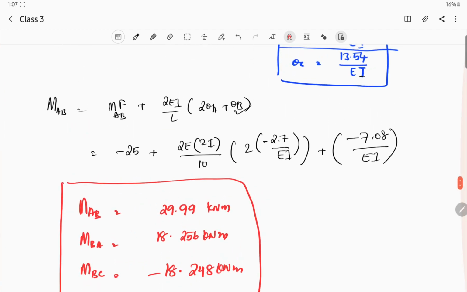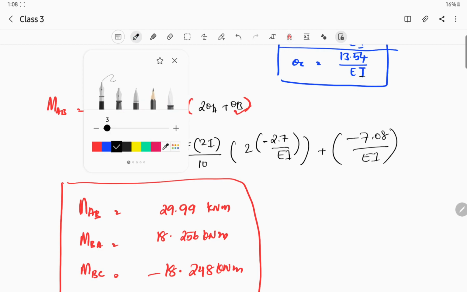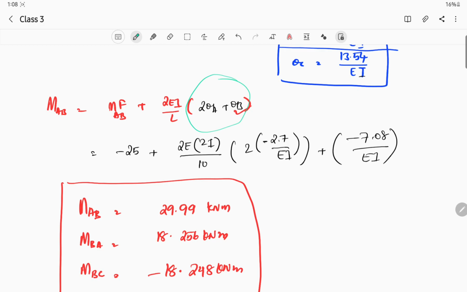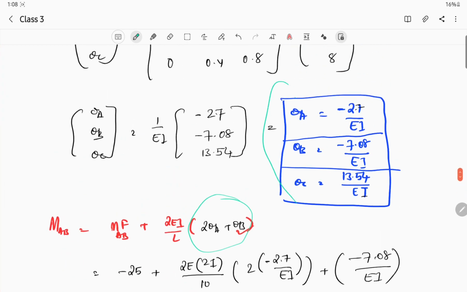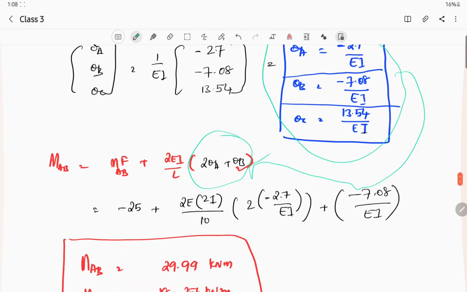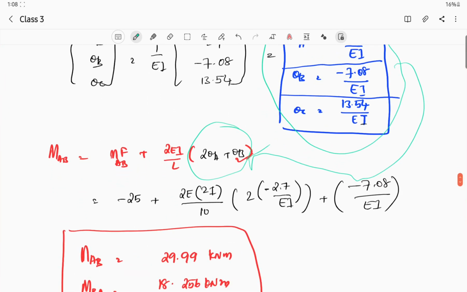We have to use again this formula to calculate our final values of our moments. So the only thing we are calculating with the help of the stiffness matrix method is theta A, theta B, all these values. Thereby we have to go for the conventional thing, that is the slope deflection equation. By substituting there we'll get all the values. Okay, right.